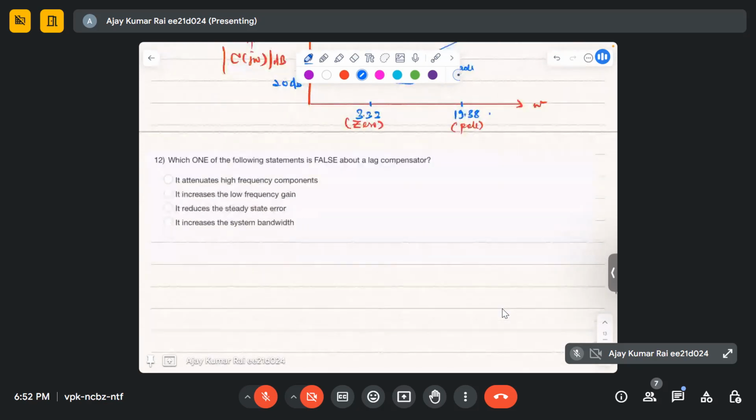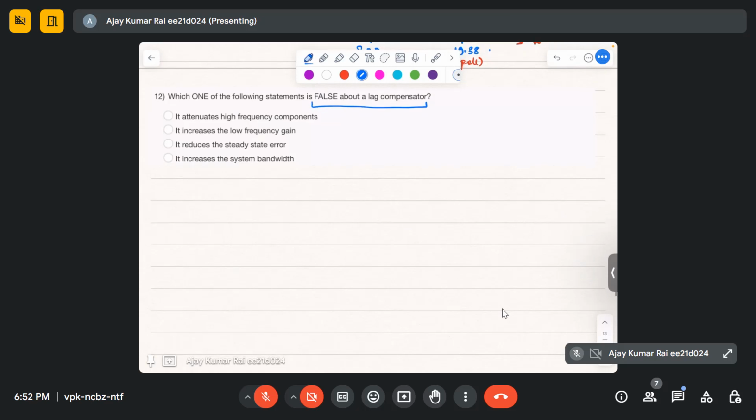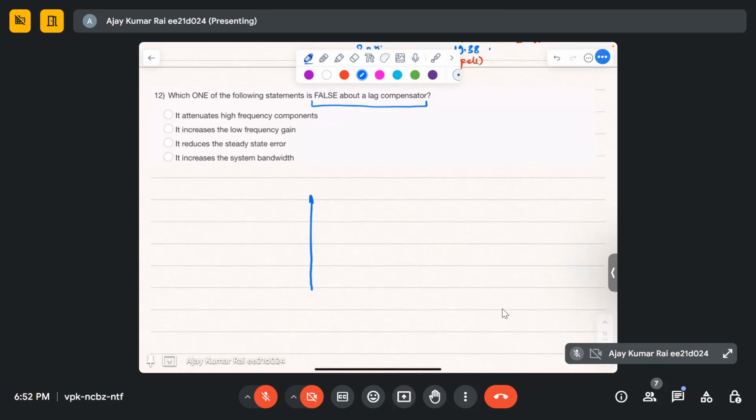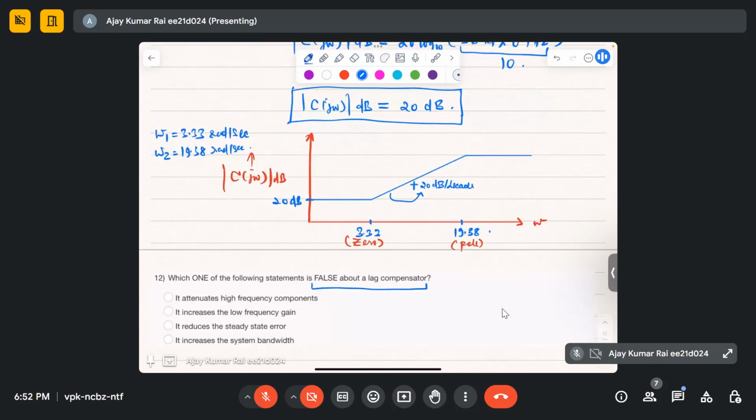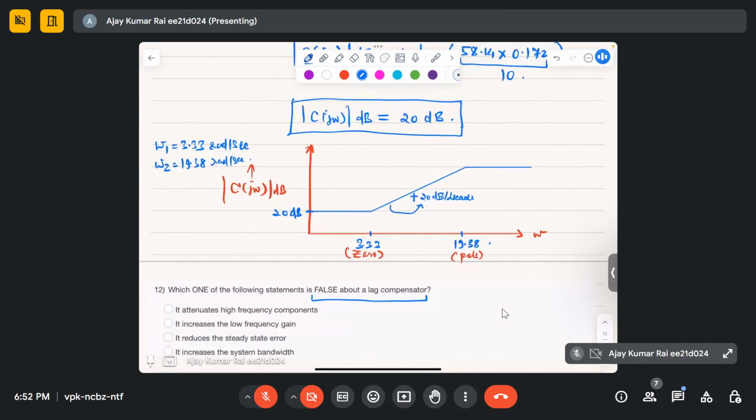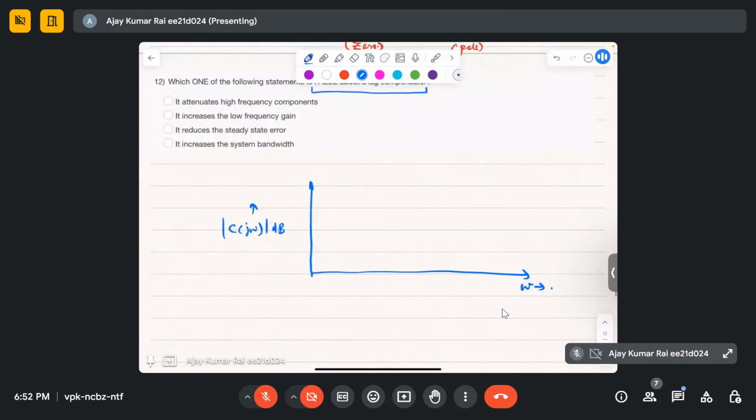Okay, so which one of the following statements is true or false about a lag compensator? Here they are talking about the lag compensator. Just by looking at the Bode plot, you can tell. It's completely opposite to this, right?